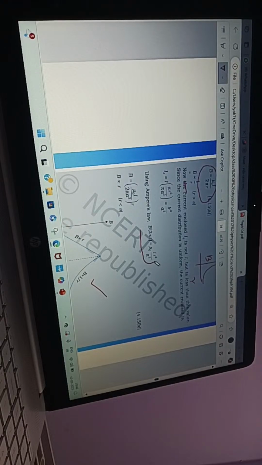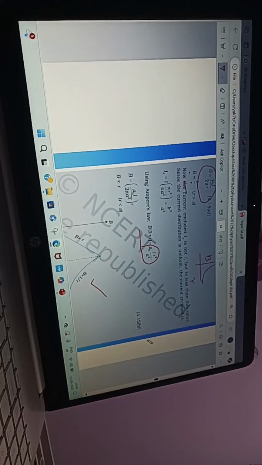How has this answer come here? Because you have to take the current for r less than a. On the surface it is the same only.